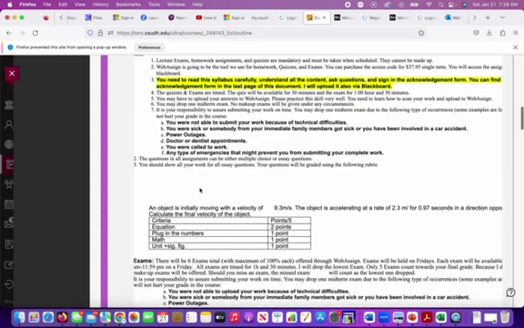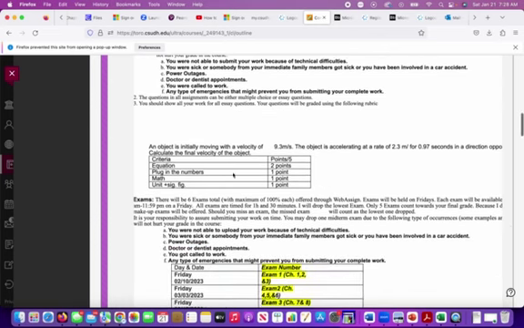The questions in all assignments can be either multiple choice or essay questions, and you should show all your work for the essay questions, which are the free response. Now here I'm giving you an example of a free response. An object is initially moving with a velocity of 9.3 meters per second.